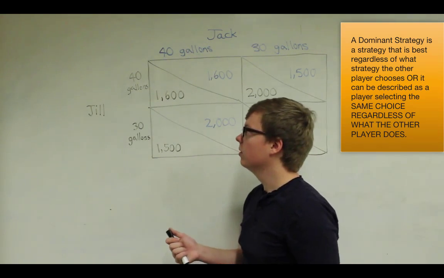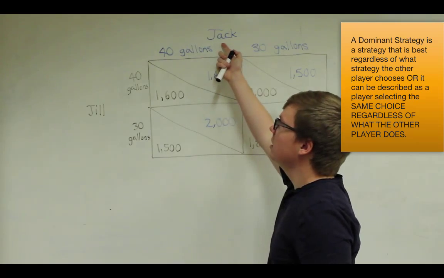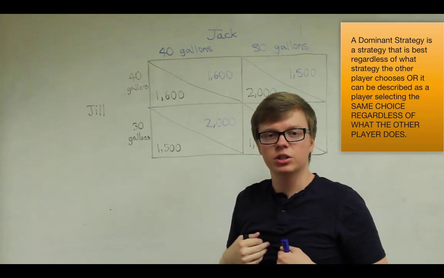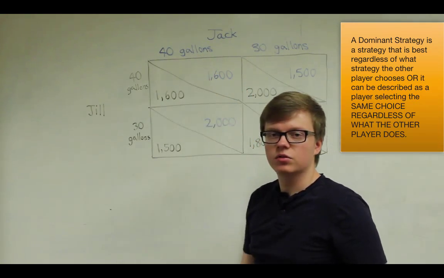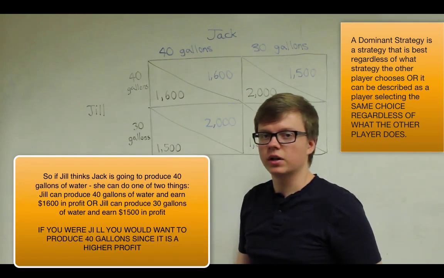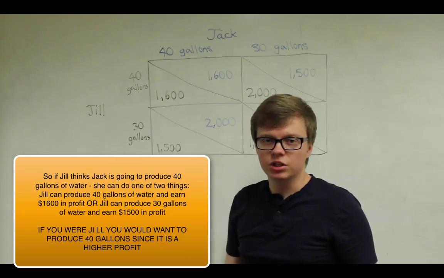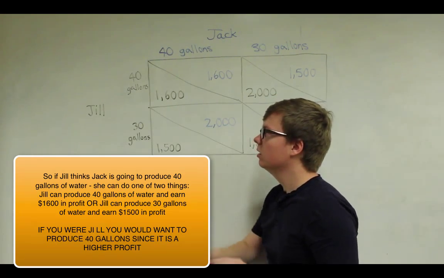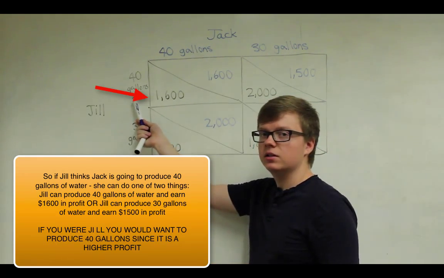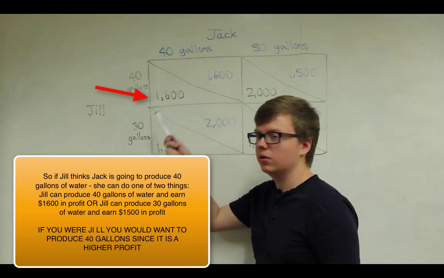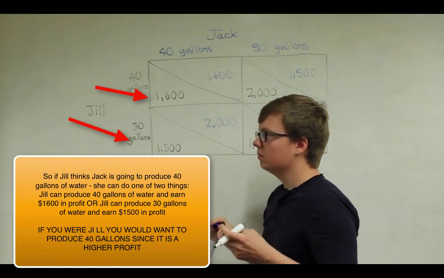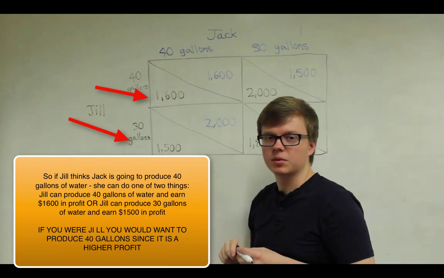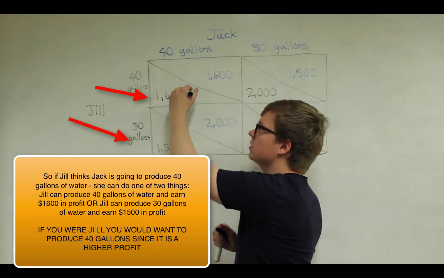So we're looking at it from Jill's perspective. Let's say Jack was going to sell 40 gallons of water. What would Jill want to do? Well, she could either sell 40 gallons and get a profit of $1,600, or 30 gallons and get a profit of $1,500.